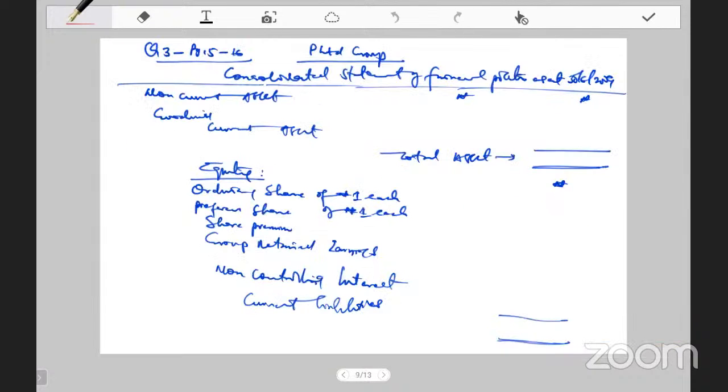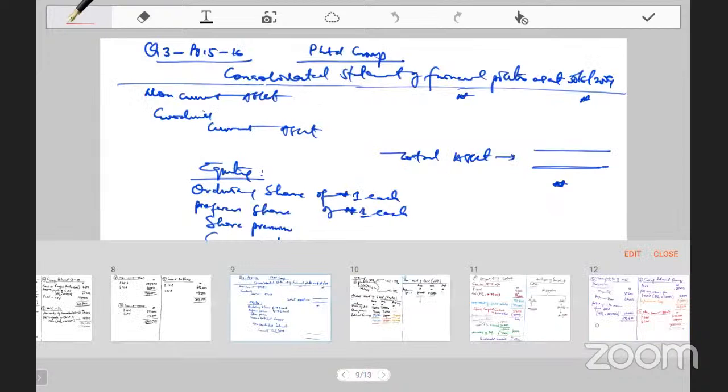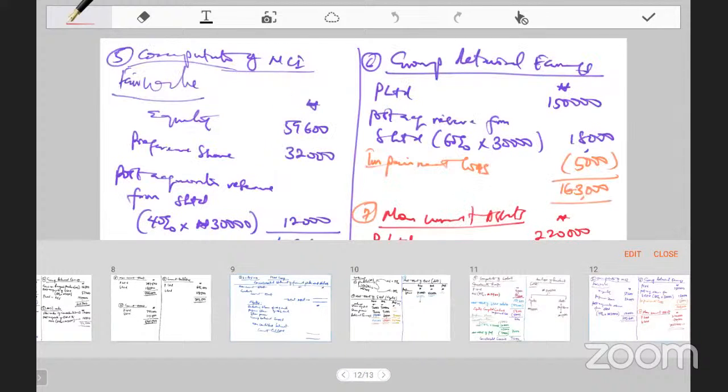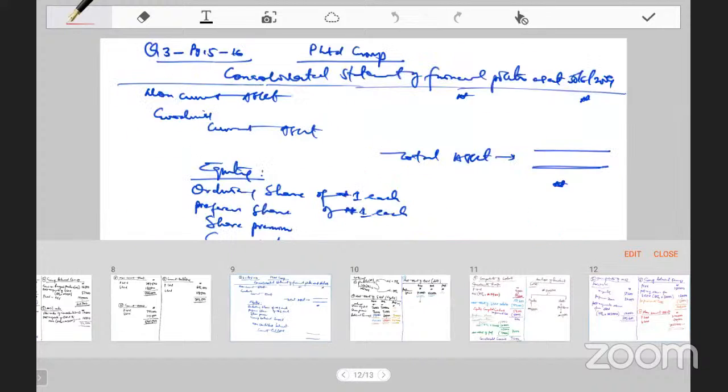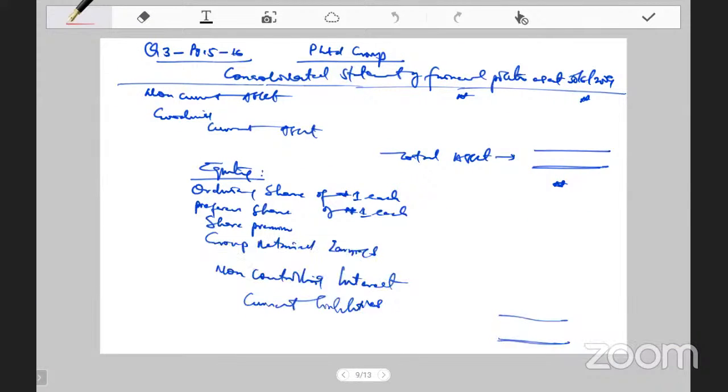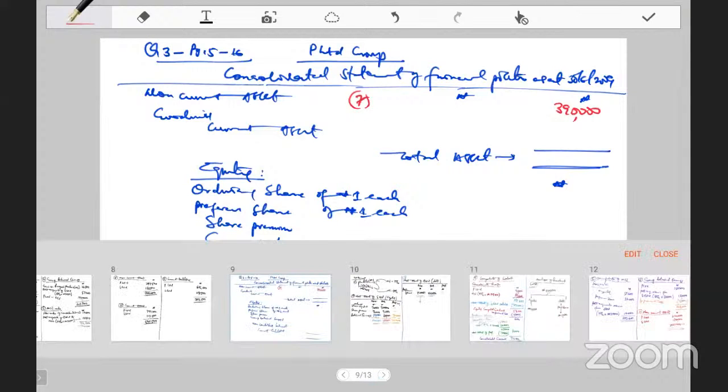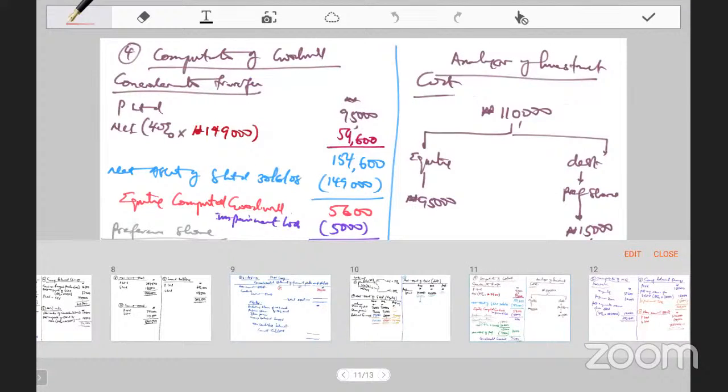For non-current assets, that is note 7. Let's get the right figure. That is 390,000.